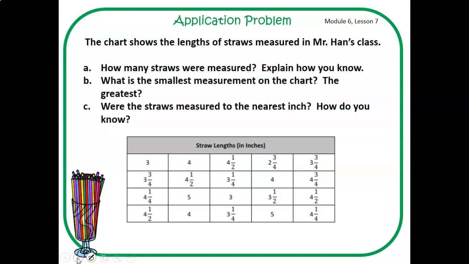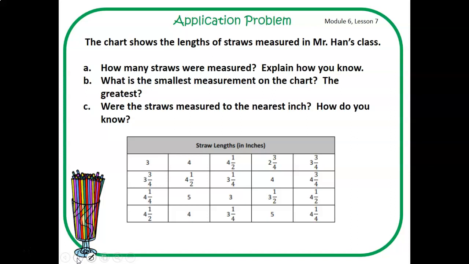Here's our application problem. Oh, this is a fun one. This chart shows the length of straws measured in Mr. Hahn's class. How many straws were measured? Explain how you know. Well, let's take a look at it. This chart, see, I see 4 3/4. That's a big number. Do I see anything bigger than 4? Oh, I do.